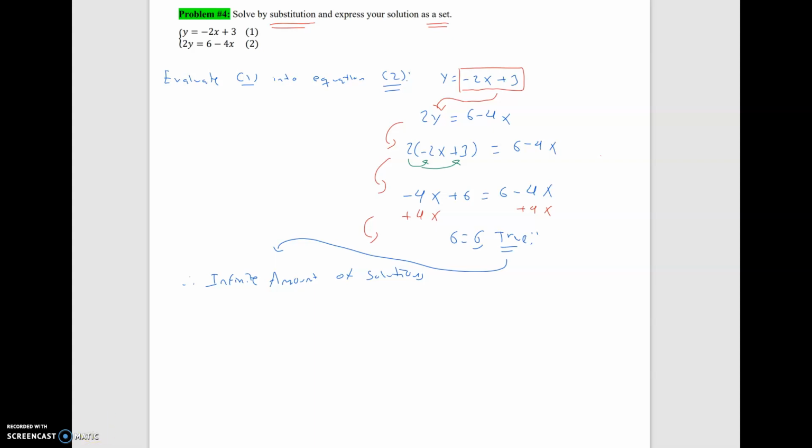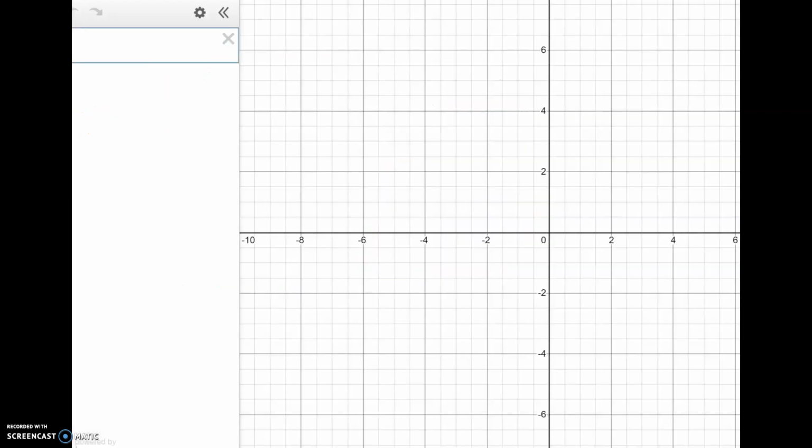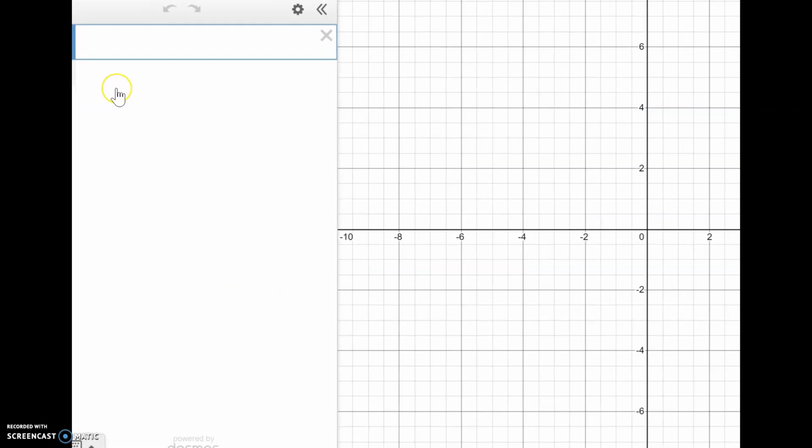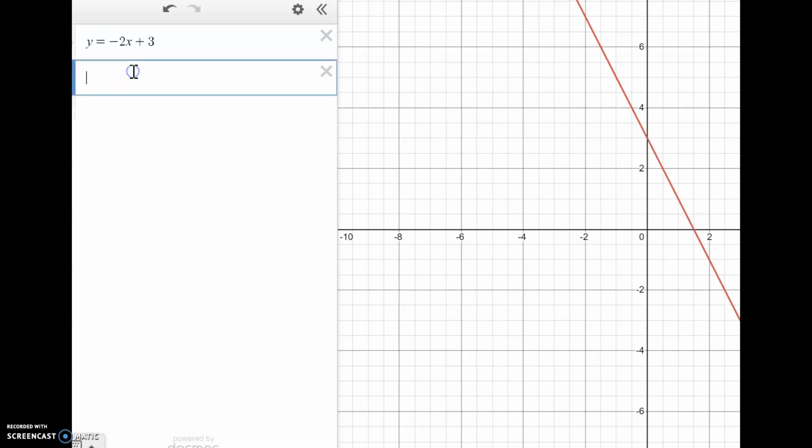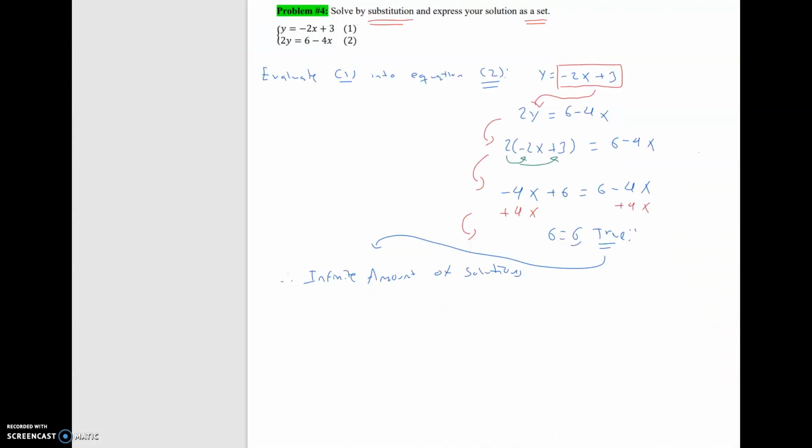Let me graph them so we can see them, and then we can take a look at the actual set. Negative 2x plus 3 is going to be the first one, so y is equal to negative 2x plus 3. The second equation is 2y is equal to 6 minus 4x.